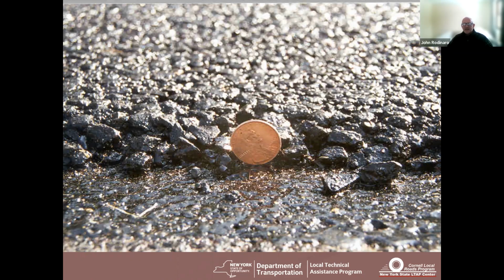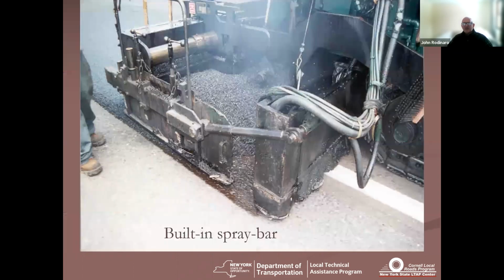That's a key to success. That's a highly polymerized tack coat, and once that hits the polymer modified hot mix, you've got it super glued. And this is just a look at the screed, and it's got a built-in spray bar. So right in front of that hot mix, you're spraying that juiced-up tack coat.